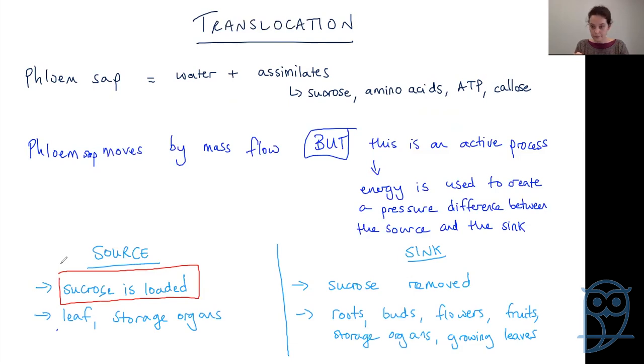Okay, so being asked the question that storage organs can be a source or a sink, and yes, that's absolutely right. So if you think about it, a storage organ, if you think also maybe in somewhere like Europe or America where you've got real seasons going on, not necessarily like we have here. Okay, so in the spring, we've got lots of growth.